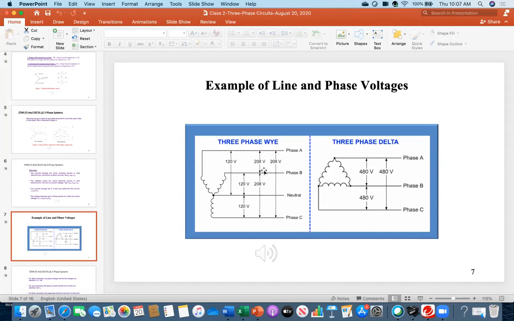But it is very important to remember this one. In case of Y connected with neutral lines, the relationship between line to line voltage versus the phase voltage is root 3 times. So phase voltage will be root 3 times lower than the line to line voltage.